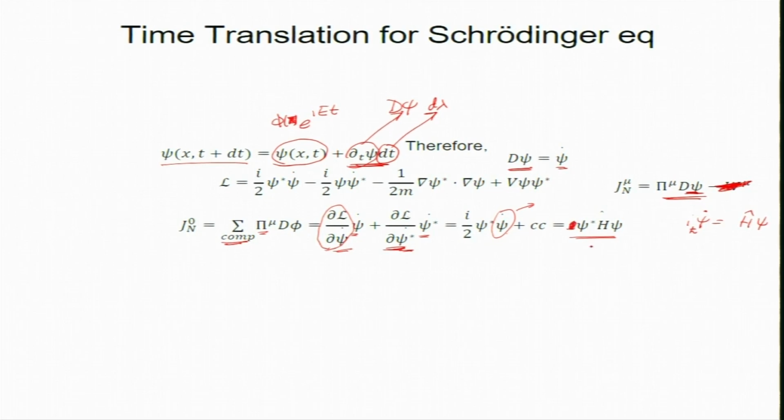So psi star h psi plus, if you like, you can put half of psi h psi star, but they will give the same, this is a real quantity. So this is my current, this is not energy yet. This is a current J0.